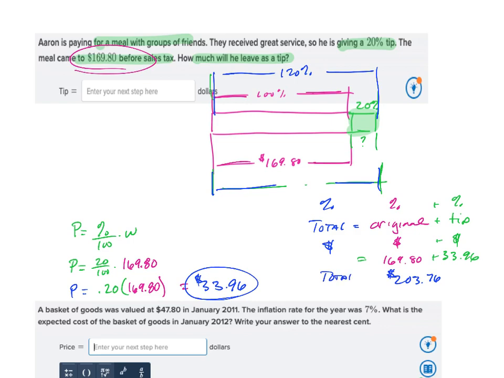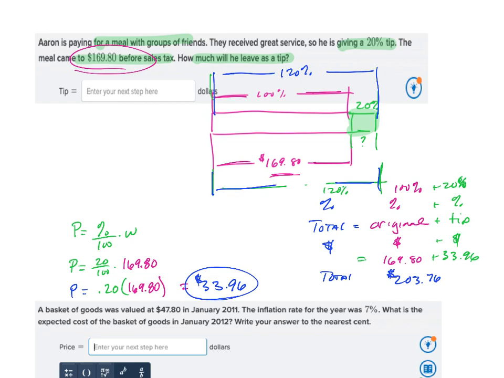Okay, we could have also looked at this and said, oh, well, we're going to have 100% plus the 20%, which is 120%, and then calculated what 120% of 169.80 is.